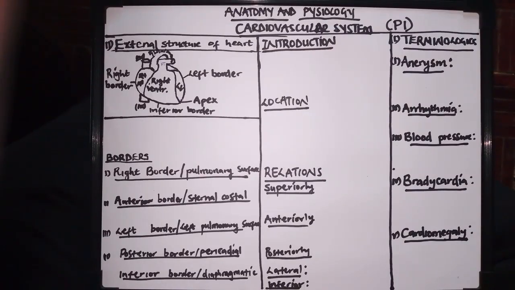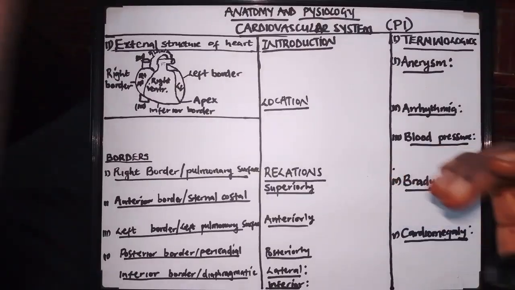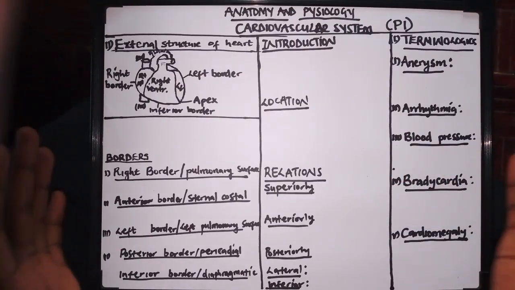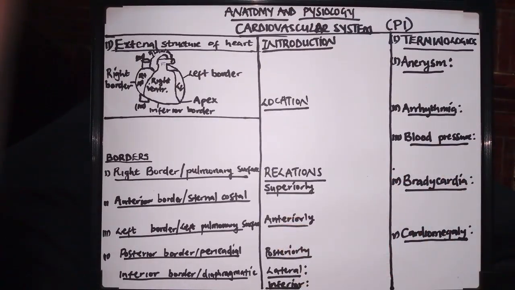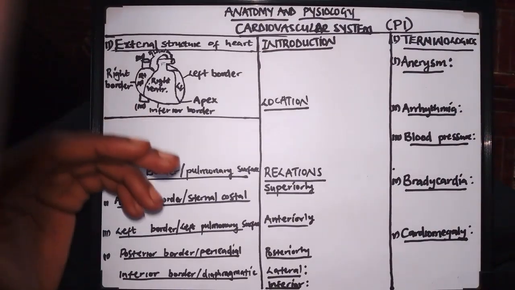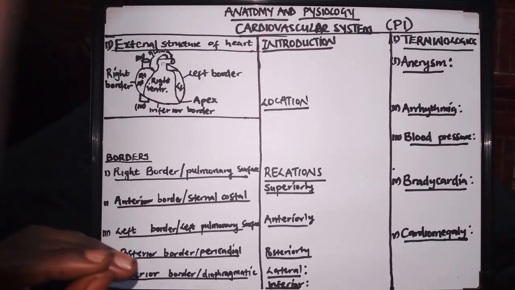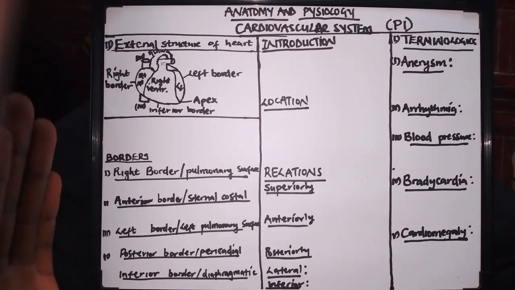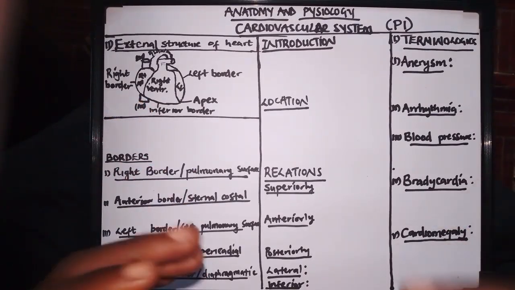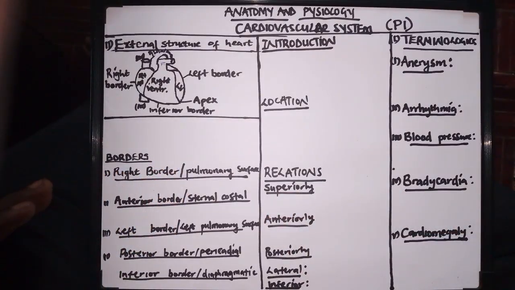So today our main topic is the cardiovascular system. What is the cardiovascular system? It is a system which is responsible for the continuous flow of blood in the body.